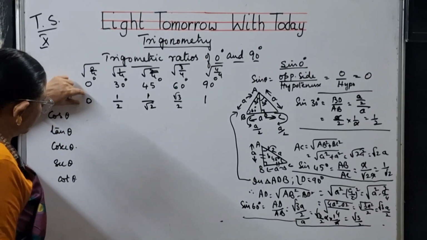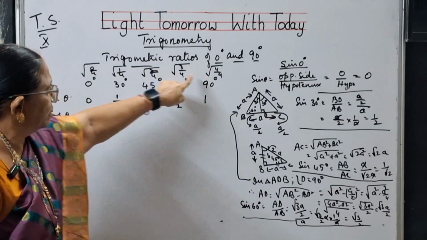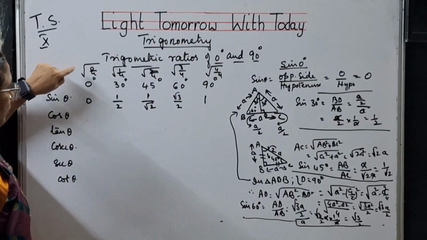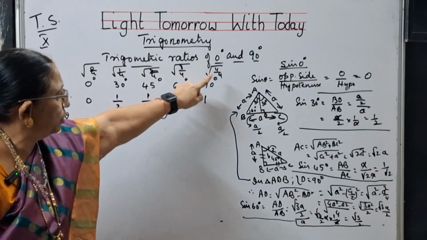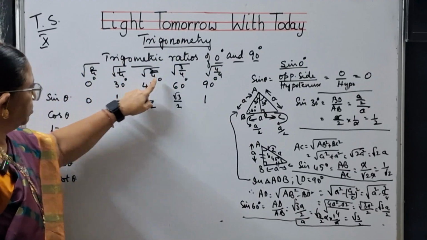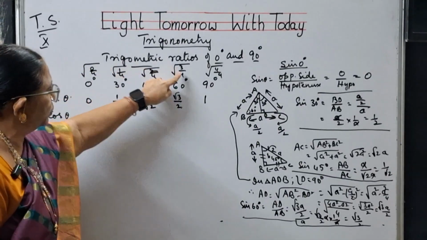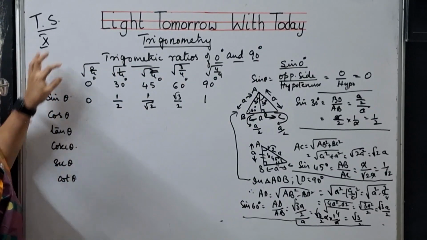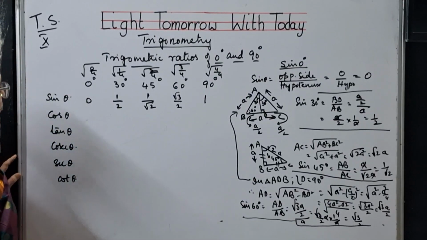And even this first one, I don't think there is any difficulty if you understand this. 0 by 4, root of 0 by 4, root of 1 by 4, root of 2 by 4, root of 3 by 4, root of 4 by 4. See, denominators are not changing, only the numerators 0, 1, 2, 3, 4 under root. When you simplify it, you get the same values I have already explained.